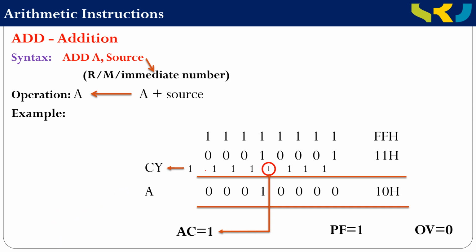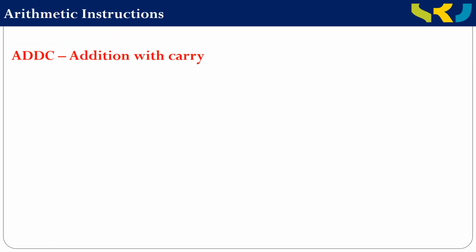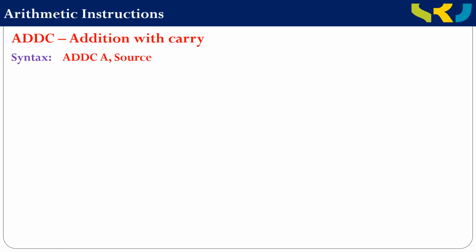Next we need to consider ADDC, addition with carry. The syntax is similar to the add instruction: ADDC A comma source. Here source is also a register, memory, or any immediate number.